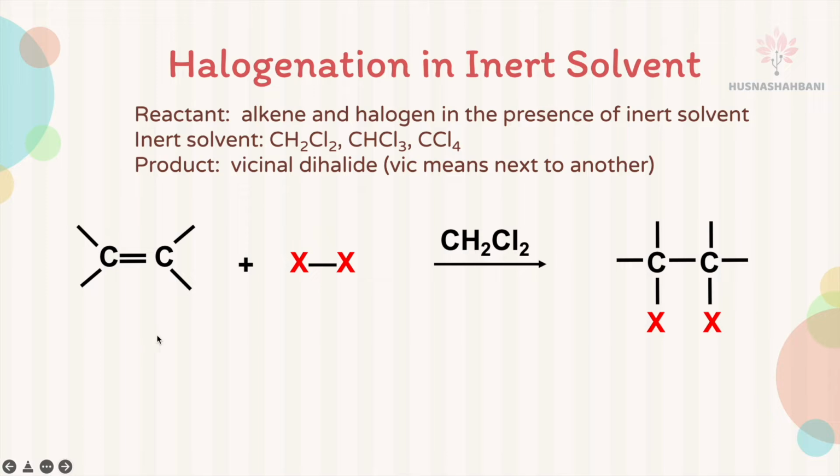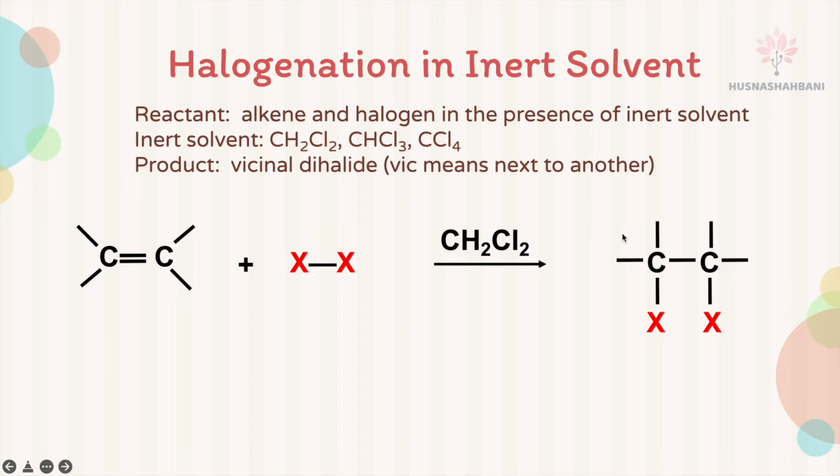Halogenation in inert solvent. The reactants are alkene and halogen in the presence of an inert solvent. The inert solvent can be dichloromethane, trichloromethane, or tetrachloromethane. The product must be a vicinal dihalide.